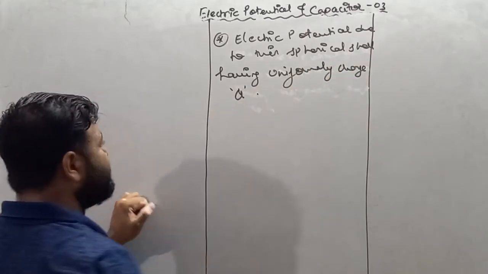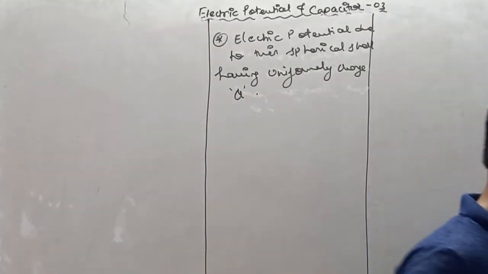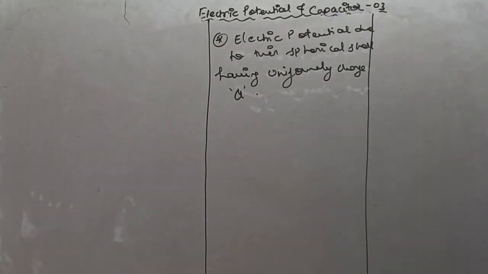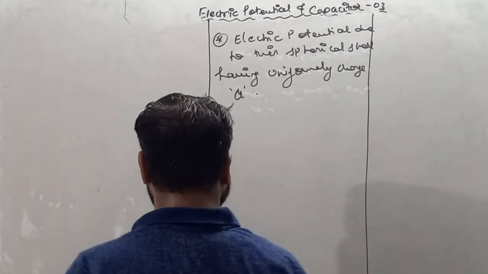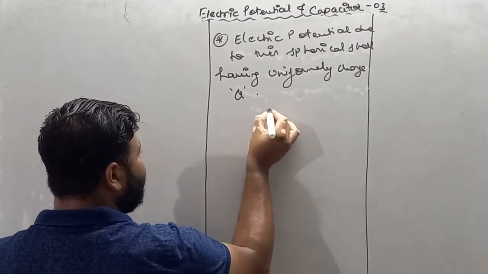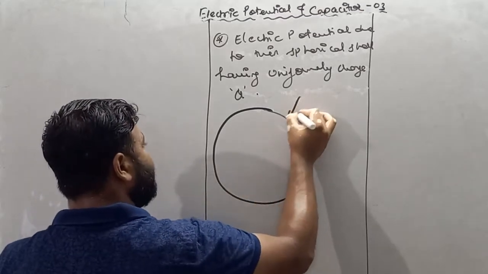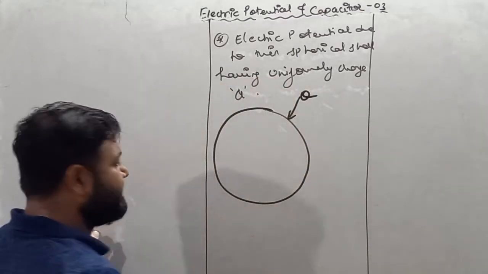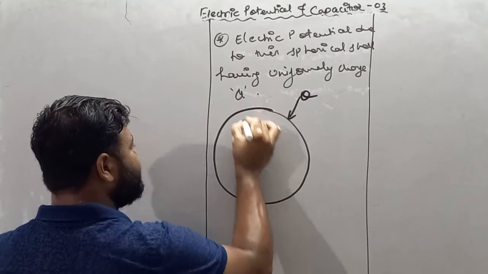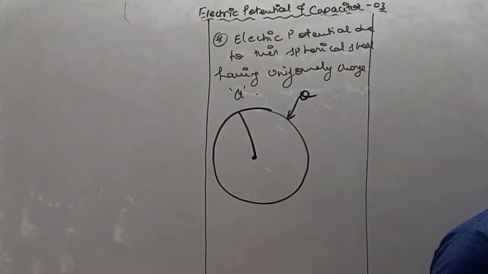Now see, my dear student, remember one thing: there is a theorem called Newton's shell theorem. Newton's shell theorem says, if you have a shell that carries some charge q, and let's say the radius of the shell is r.